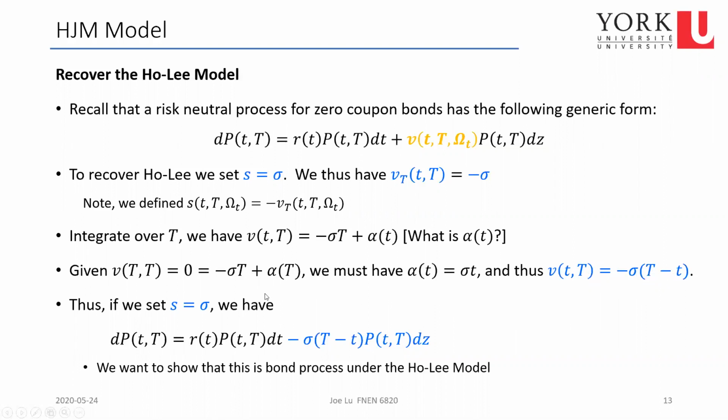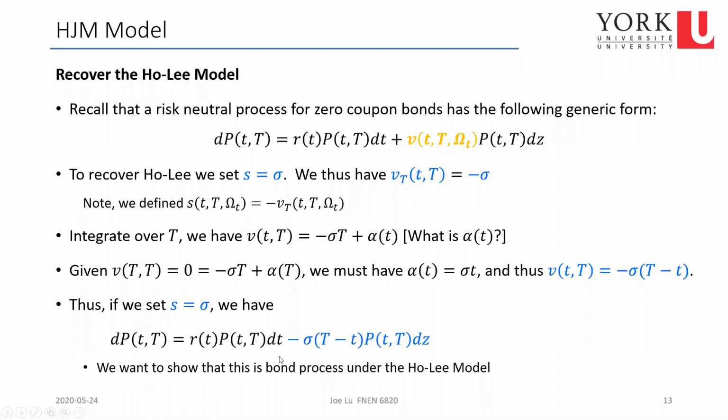Okay, so if we substitute S as a parameter, we basically have recovered a price process with a volatility term equal to minus sigma times (big T minus small t) times P. The drift term is actually simple because it's a risk neutral process, so everything grows at the rate of r.